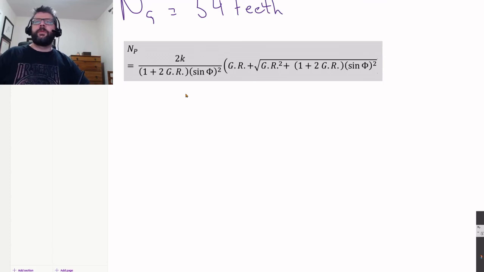The minimum number of teeth of our pinion to avoid interference is going to be equal to 2k, where k is 1 since we're talking full-size teeth here.